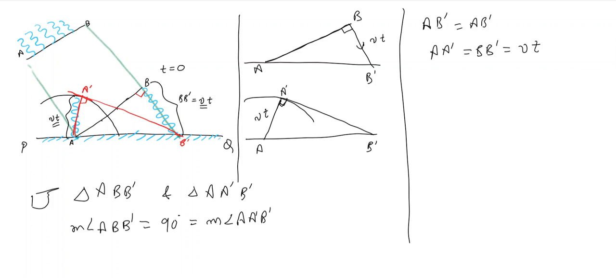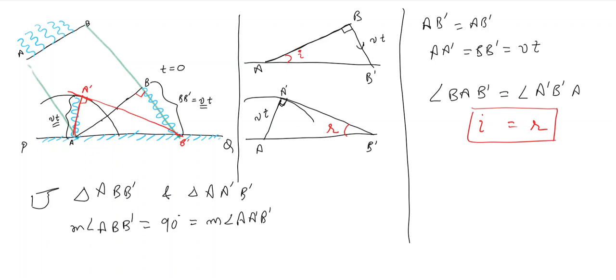Now AB is the primary wavefront, so this angle is the angle of incidence for the primary wavefront. A prime B prime is the wavefront going away from the surface, so this is the reflecting angle, angle of reflection you may say. And as the similarity is proven, I can say that angle BAB prime should be equal to angle A prime B prime A. It means that angle of incidence is equal to angle of reflection.